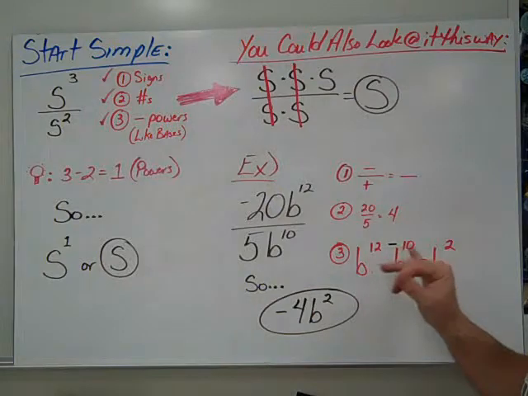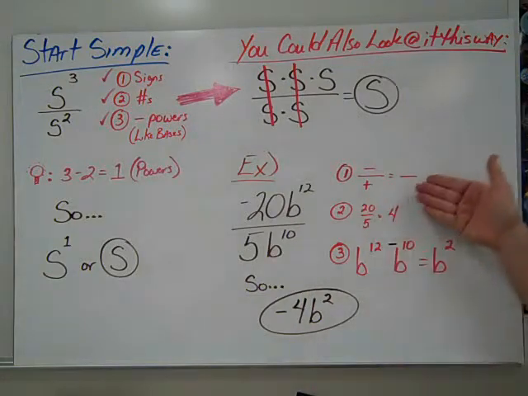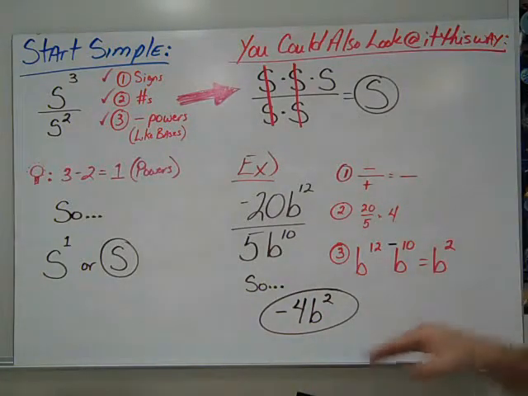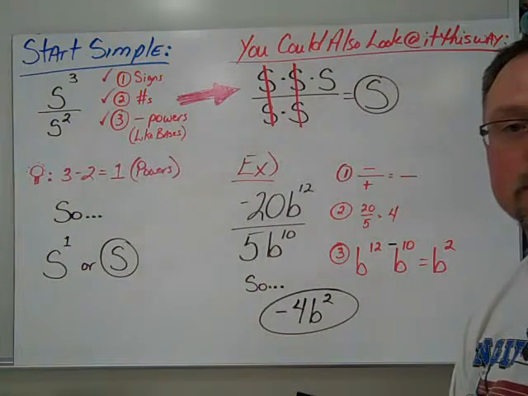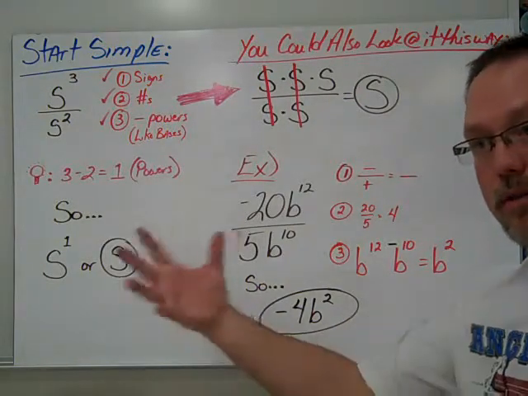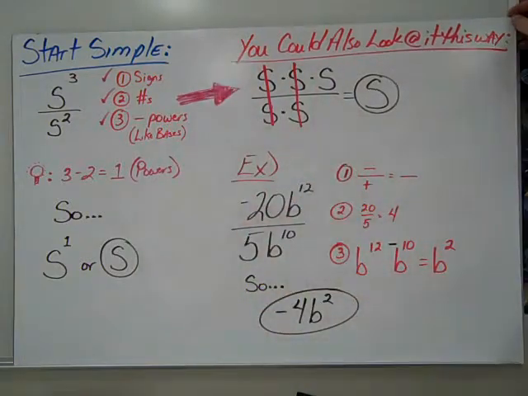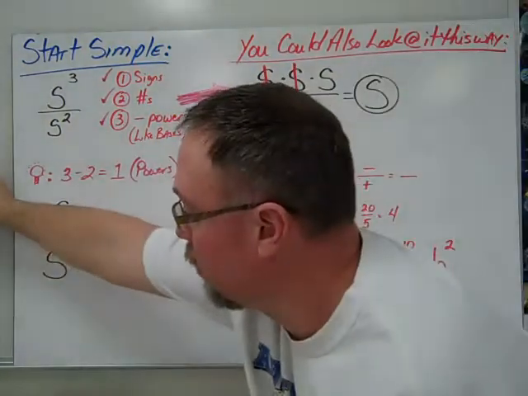We're going to take 12 minus 10. That's going to give us a power of 2 with the like base of b. So we put all this together: our negative, our 4, and our b squared, and we have negative 4b squared for our answer. So it simplifies the process instead of looking at such a large problem. Again, starting simple, and here come some of the bigger ones that we're going to look at.